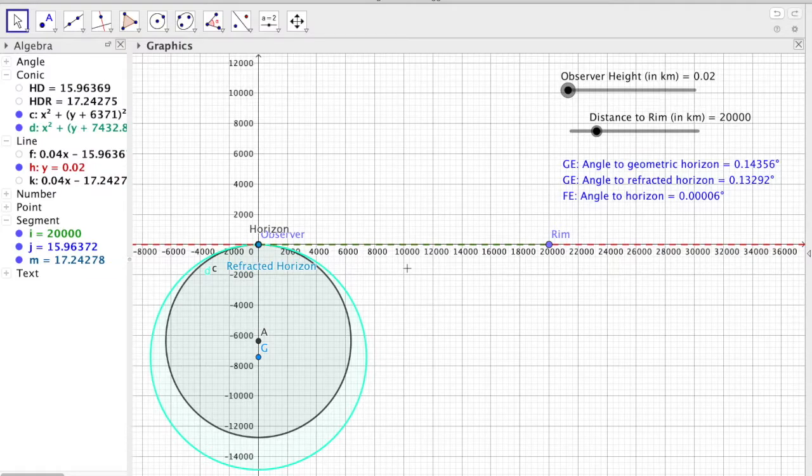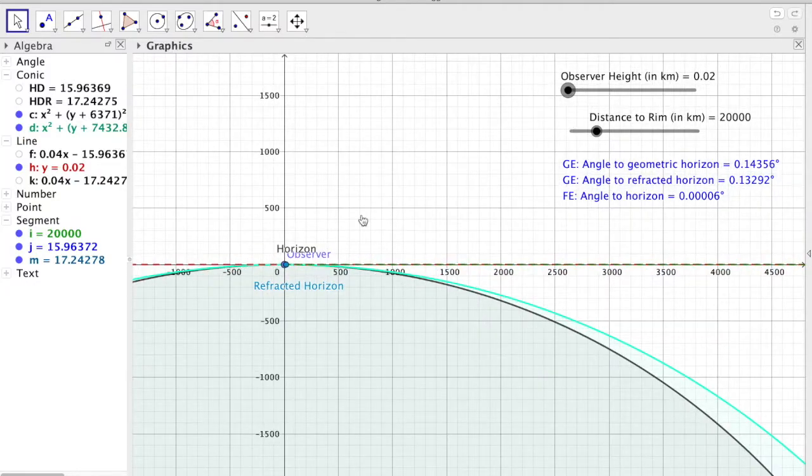So let's zoom in and look at the cases. Now I just want to mention these two different circles here. This black one is a circle with the radius of the Earth, what we believe the radius of the Earth is. That's what we call the geometrical interpretation, which means we don't care about refraction.